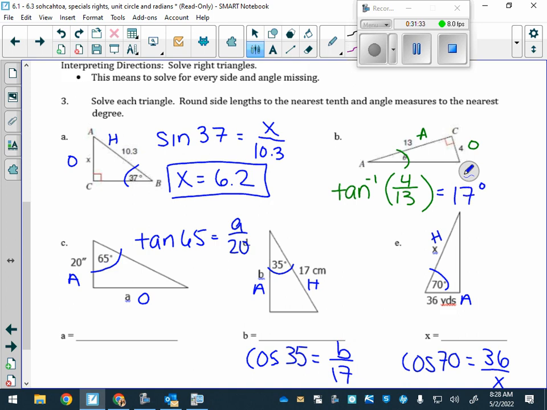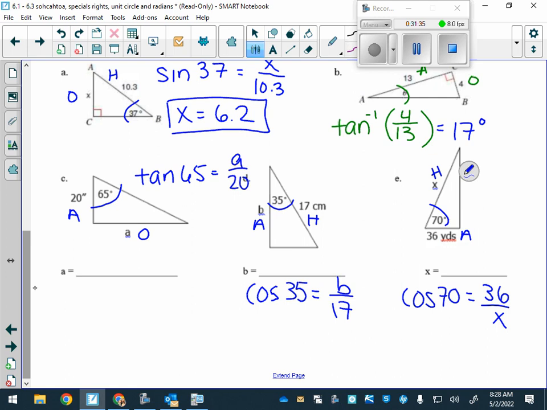Okay. Now for C, okay, again, you're given the degree, tan of 65, A over 20. You have to cross multiply. What did we get? 43. Okay, good.